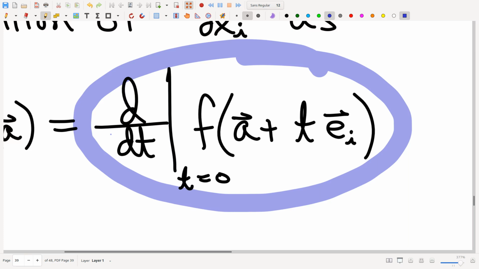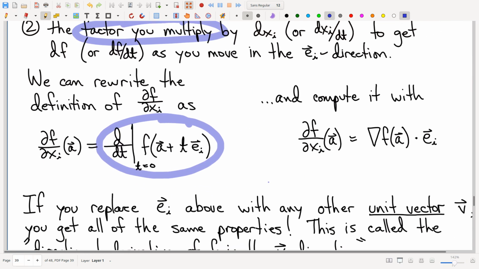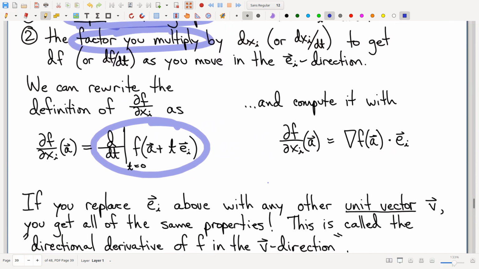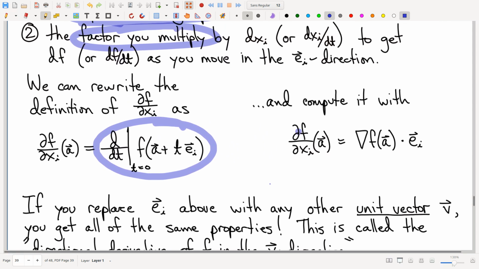When I'm in the domain at this point and moving in that direction, this just says how fast the function is changing. So this expression, which we haven't written down before, pretty directly tells us that partial derivatives keep track of how the function is changing as you move in the direction of a given variable. This makes sense in terms of one of our previous interpretations of partial derivatives.